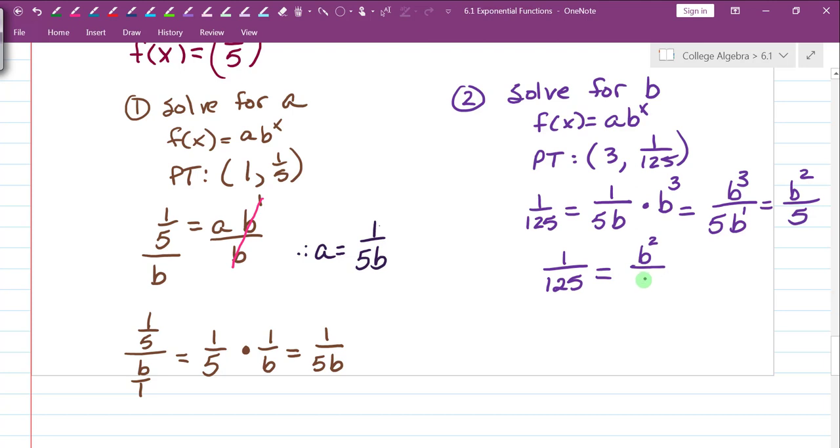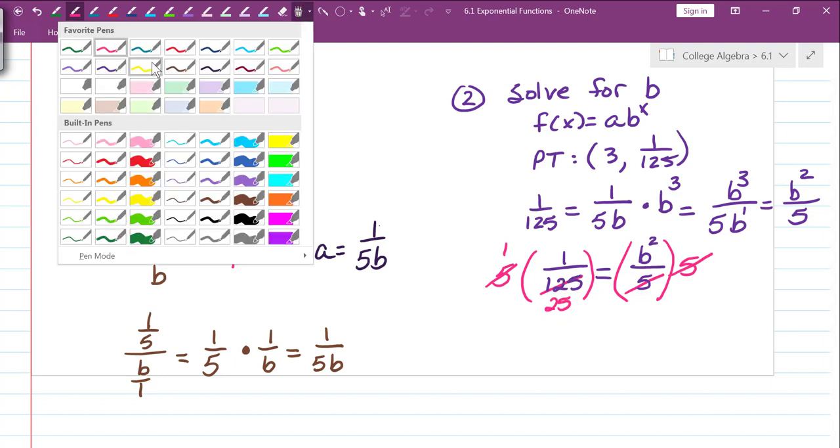I'm solving for b. So that means I'm going to multiply both sides through by 5, because what I do to one side, I must do to the other, and that cancels those 5s out. And 5 will go into 5 once. 5 will go into 125 25 times.